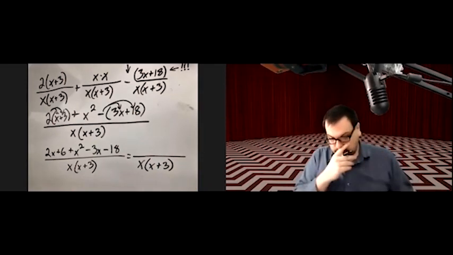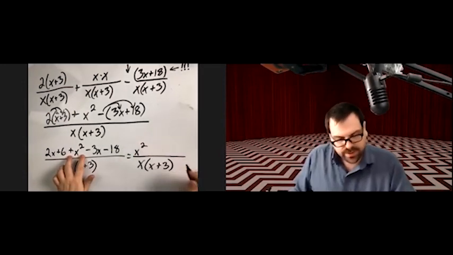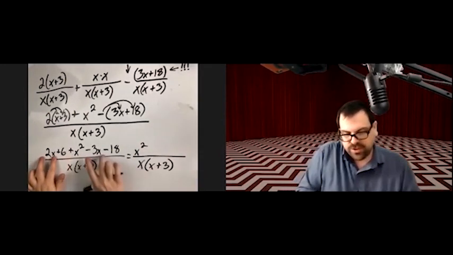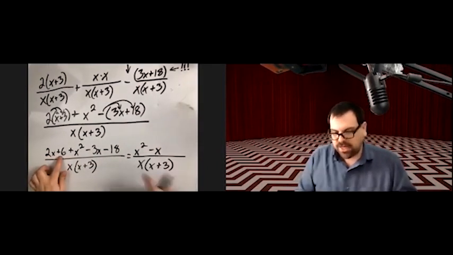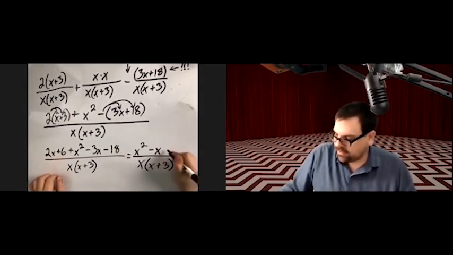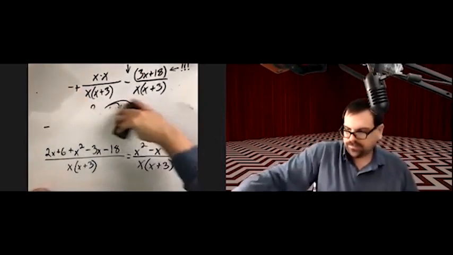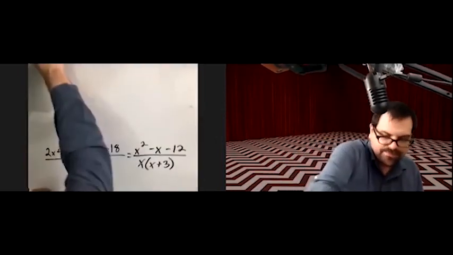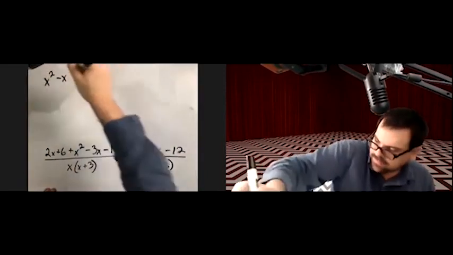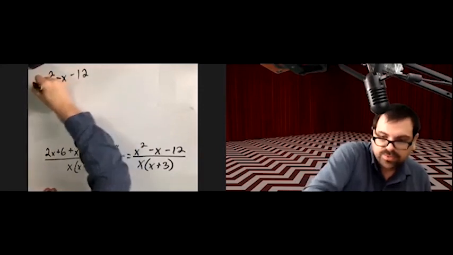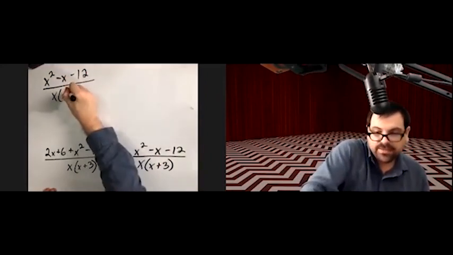Looking at like terms, combining, we have our positive x squared. We have positive 2x minus 3x, that's minus x. We have positive 6 minus 18, that's minus 12. I'm going to move that up to the top. X squared minus x minus 12 all over x times x plus 3.